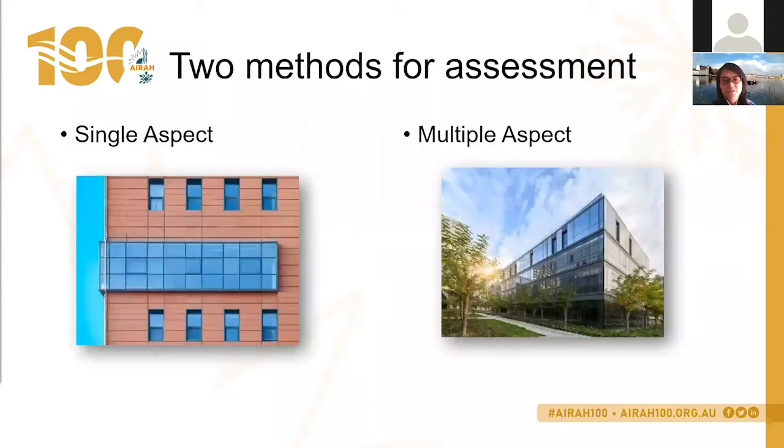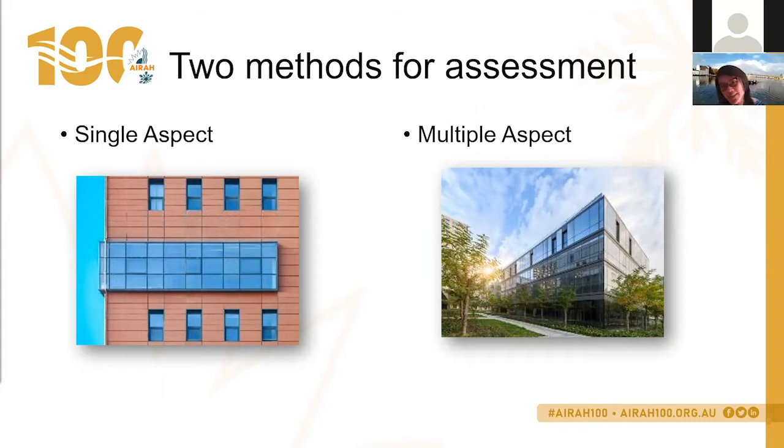For both system U value and solar admittance, there are two methods for assessment. When I gave my initial presentations when the 2019 National Construction Code was first rolled out, I described it as either using a recipe book method, where you follow every single provision and recipe and say, for each aspect, I'm going to comply separately.